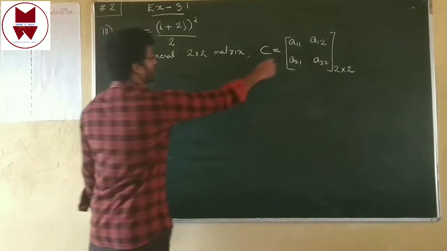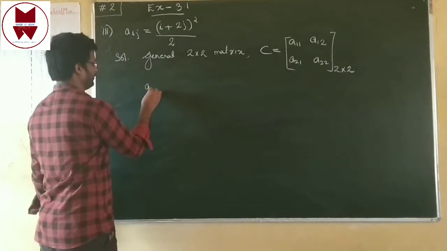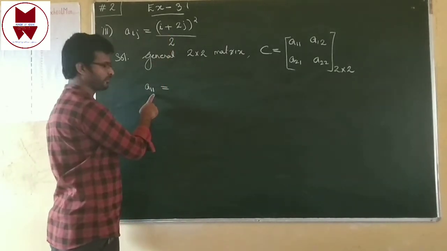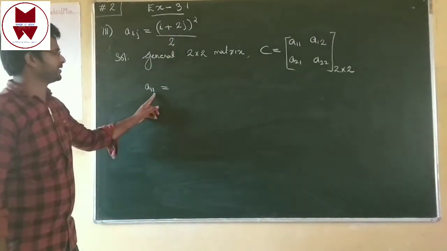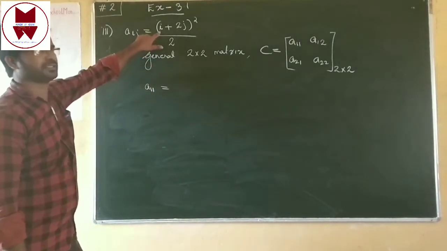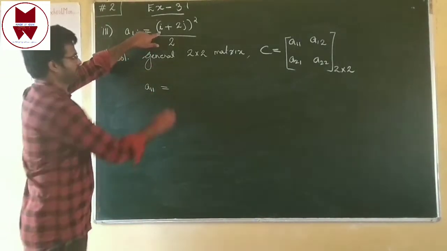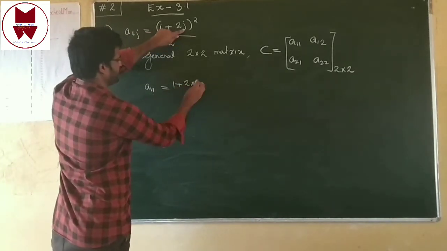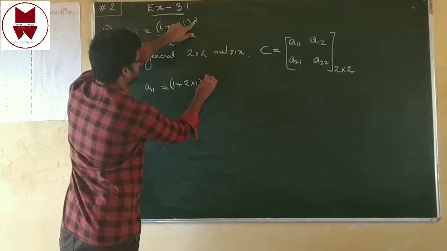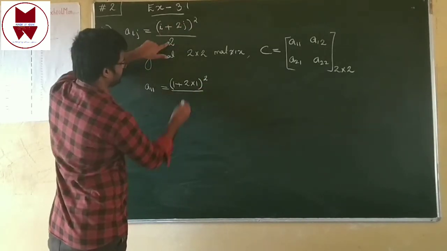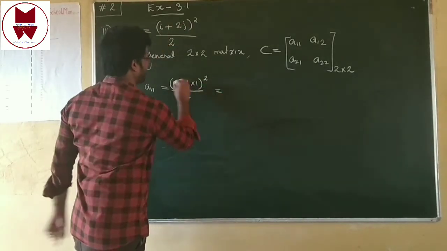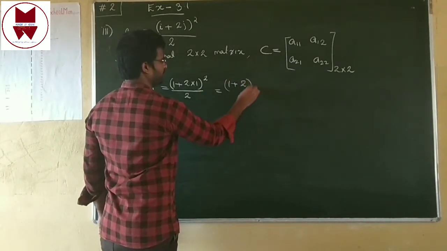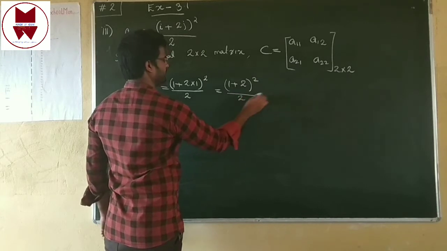Now first A11. A11 equals, even here I means 1, J also 1. The first number is I, the second number is J. Then in this formula, I means 1 plus 2 into J, J means 1. Then all square, all divided by 2, equals (1 plus 2 into 1) whole square divided by 2.